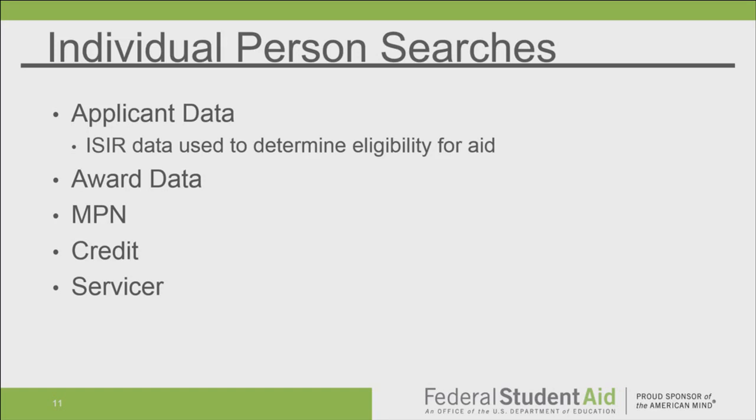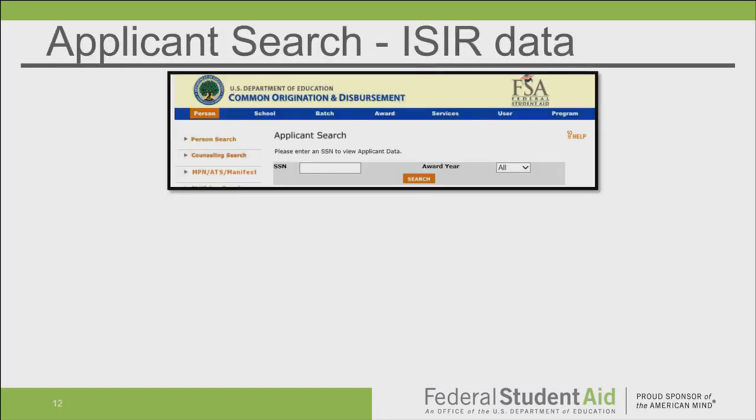That information is also in COD for you to look up, and it explains a little bit about it. ISIR data is used to determine eligibility for aid. There's award data there that you can look up. There is MPN data, credit data, servicer data. There is a cornucopia of information when you look under the individual person screens as well.